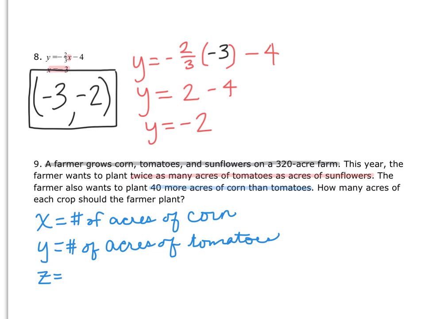And finally, z will be my number of acres of sunflowers. So know that you're going to write three equations for the system, and then use substitution to solve for all three.